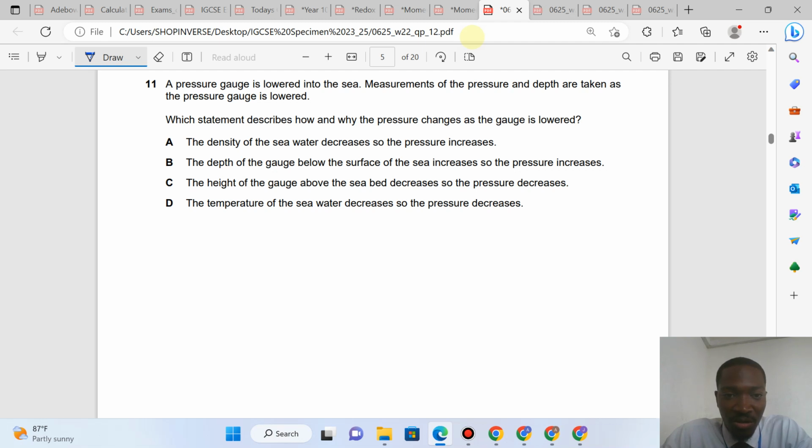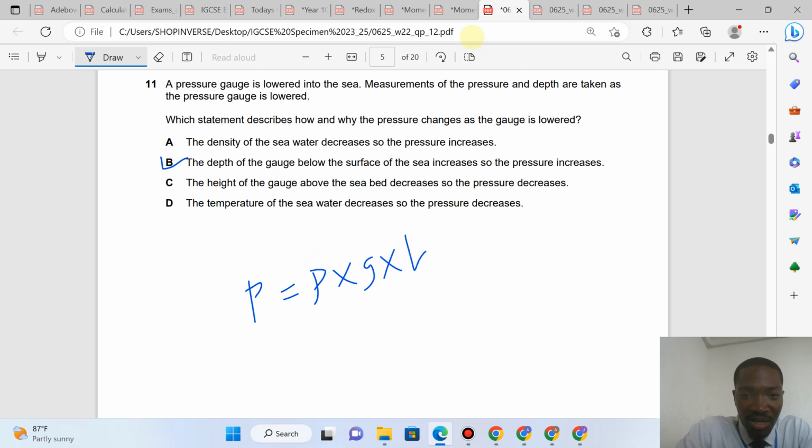B, the depth of the gauge below the surface of the sea increases, so the pressure increases. B is the correct answer. Why? Because pressure in liquids is equal to density times gravity times height. Height or depth. So as the height or the depth is changing, then automatically you expect the pressure to change.